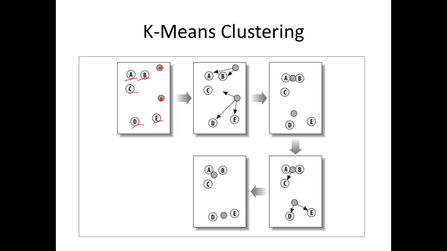And now what it does in the next step is it's going to look at, let's say, this cluster, and all those points that are closer to this cluster than they would be to this cluster, like A and B. These are placed into the first cluster. And all those points which are closer to the second cluster are placed into the second cluster.